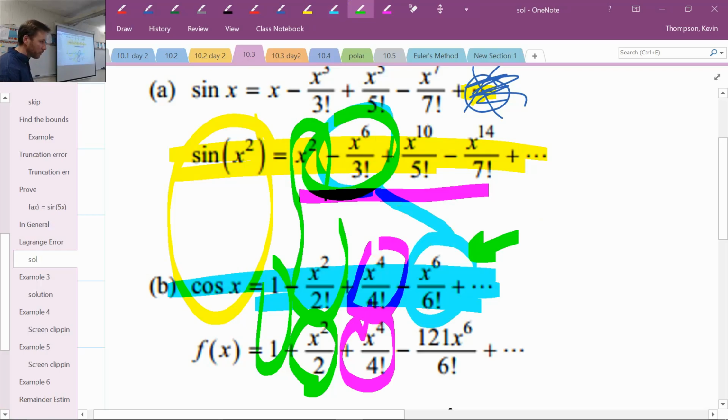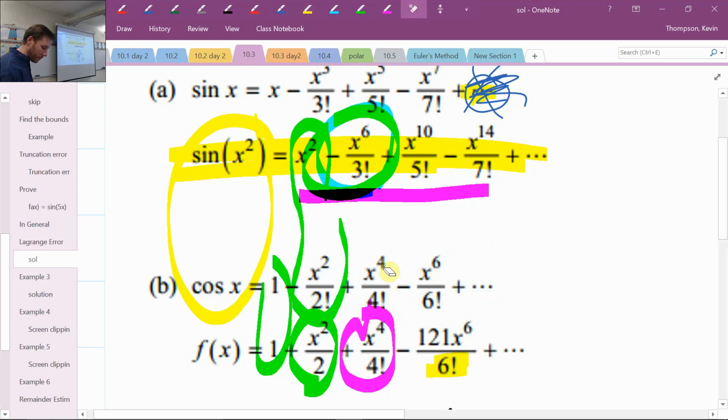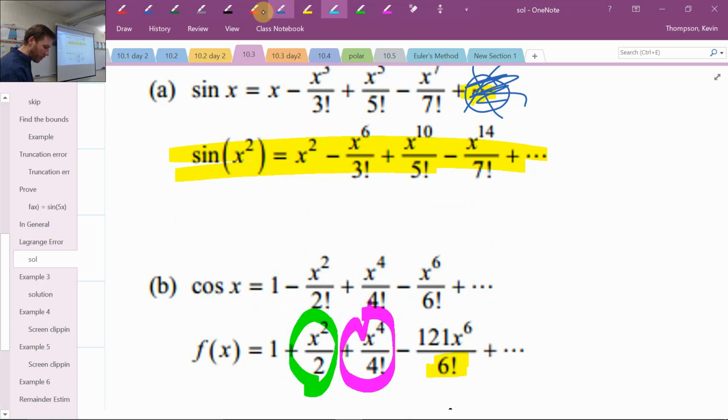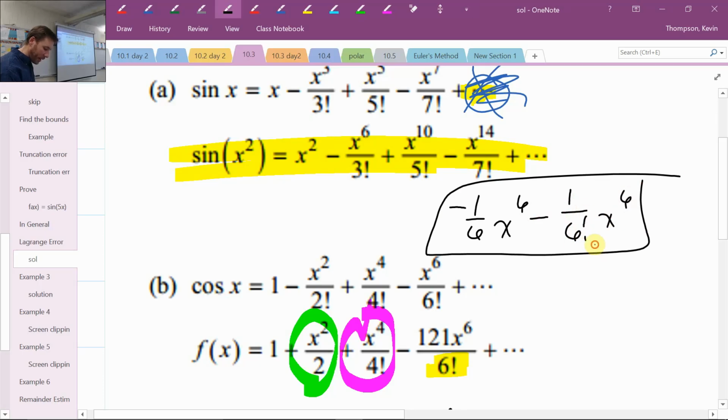Six factorial. 720. So if you're making a common denominator of 6 factorial, there you go. So just make it simpler. Think of it as minus 1/6 x to the 6th minus 1 over 6 factorial x to the 6th. This is the calculation that we're doing to get that result.